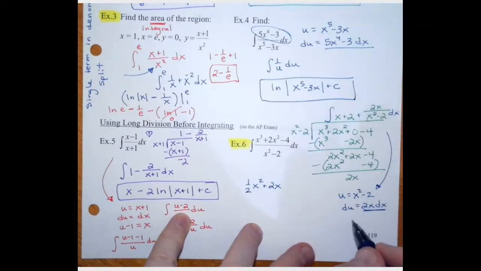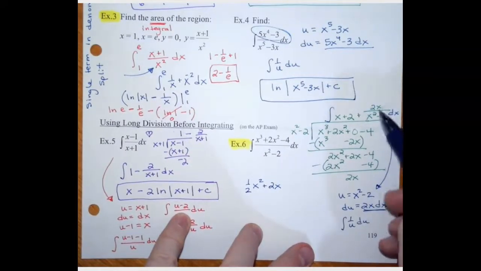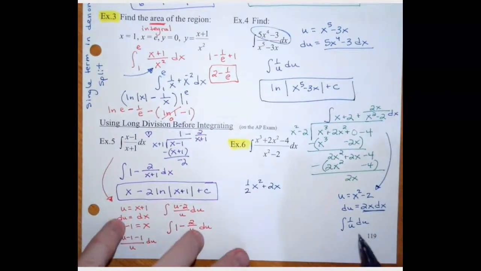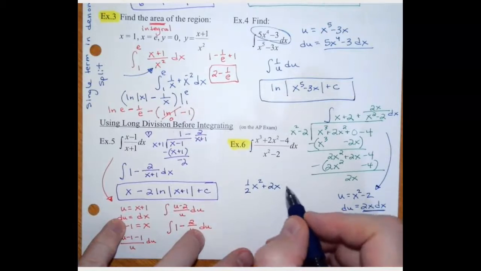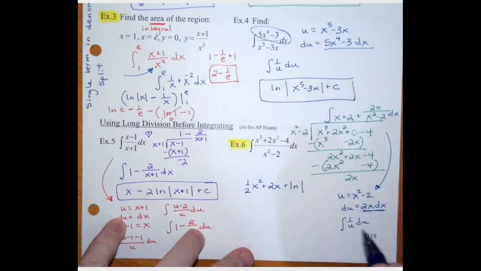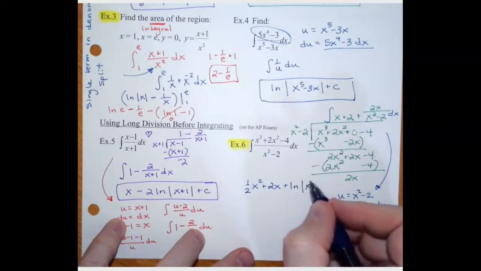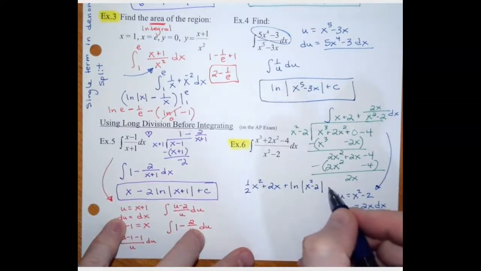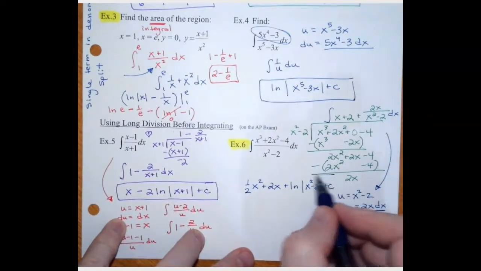So that would just be 1 over u du. This whole thing fits into that super nice form there. So now if we integrate that, we get the natural log of x squared minus 2 plus c.